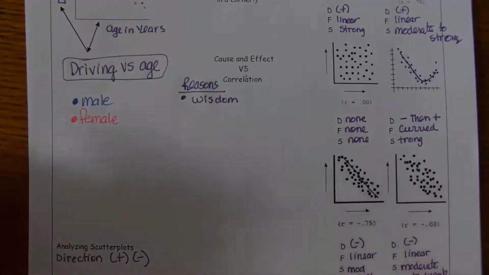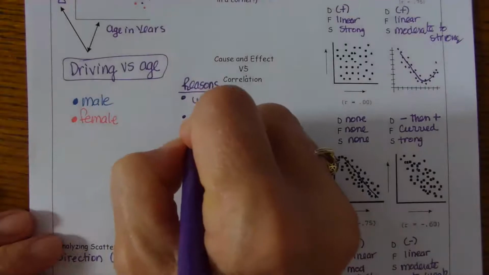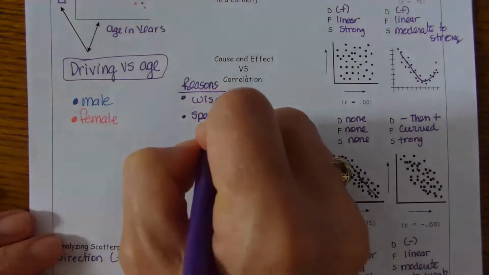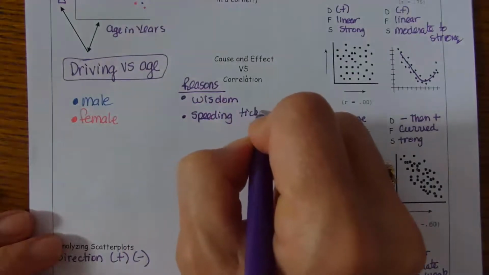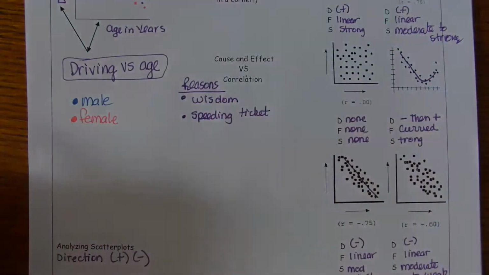How many of you have ever gotten speeding tickets? If anything will make you drive more slowly, it's getting speeding tickets. So maybe by the time you're 20, you've had a speeding ticket. They threatened to take away your license because you were going 147 down the boulevard at 2 in the morning. Right?